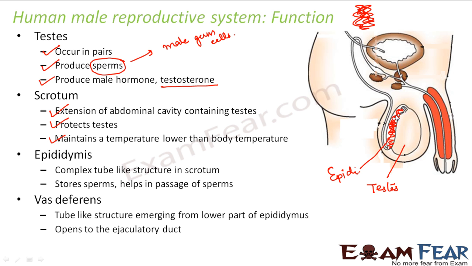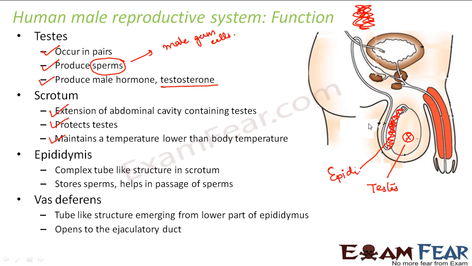So in order that the fusion takes place between the male sex cell and the female sex cell, who will have to travel? The male sex cell will have to travel. That means the sperm will have to travel. The sperm is being produced in the testis, but it will have to travel from the testis till the place where the female sex cell is. Basically the sperm will have to come out of the body of the human male and enter the body of the human female.